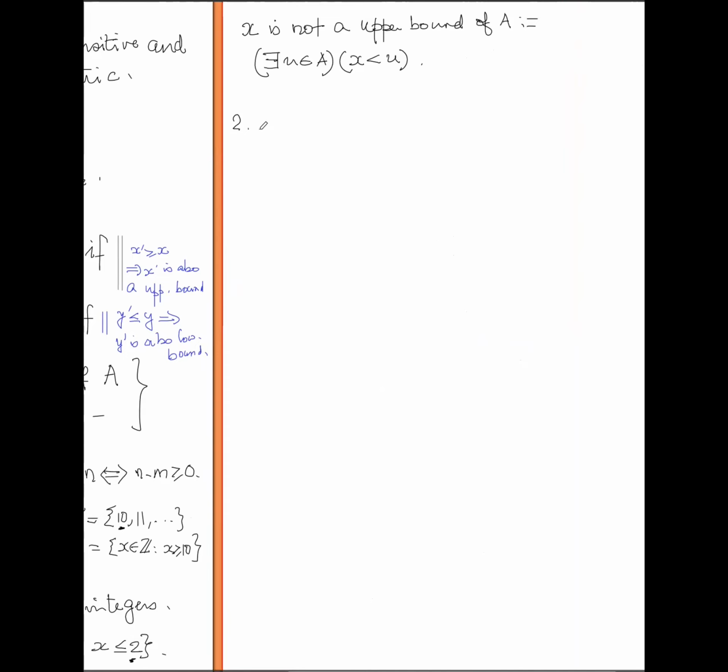Let's take the case of rational numbers with its usual order, and let us take the set A of all rational numbers x such that x squared is less than 2.